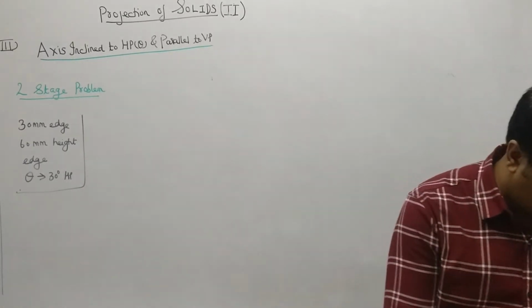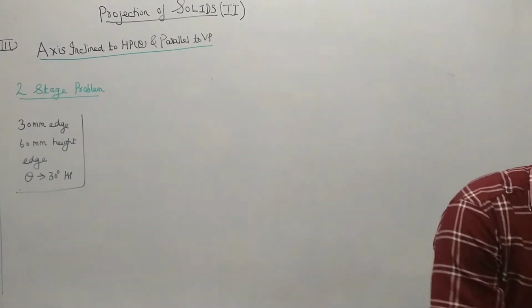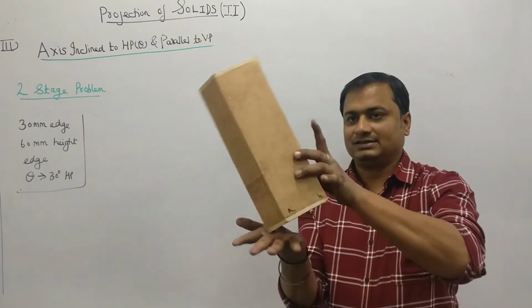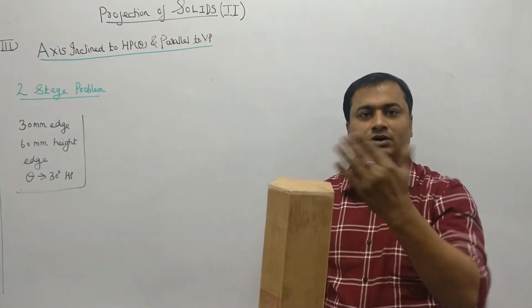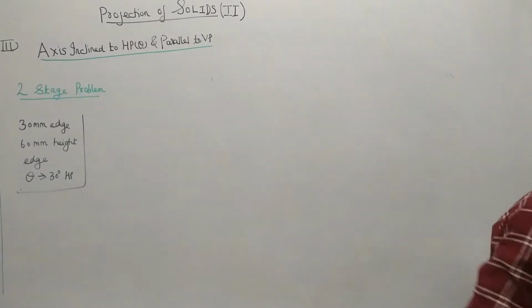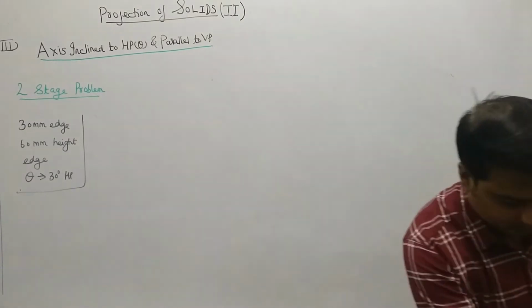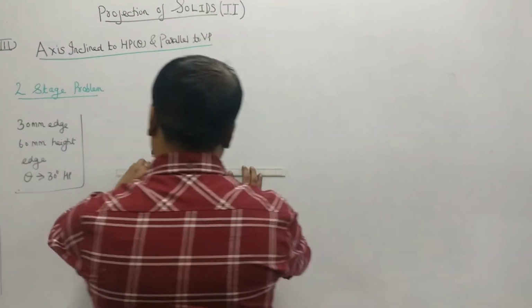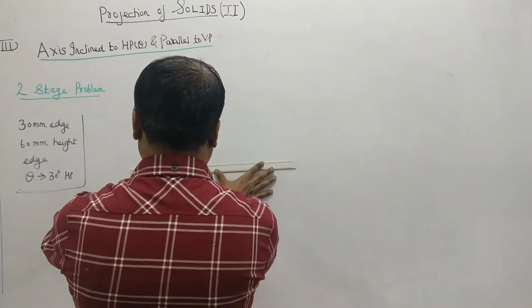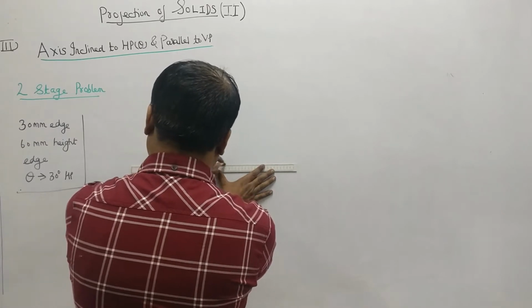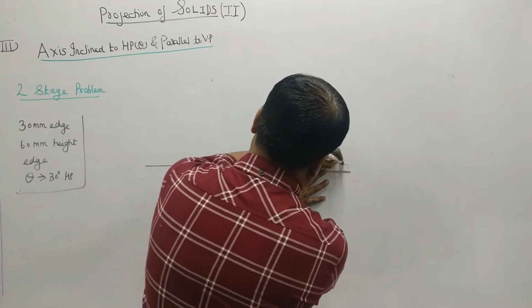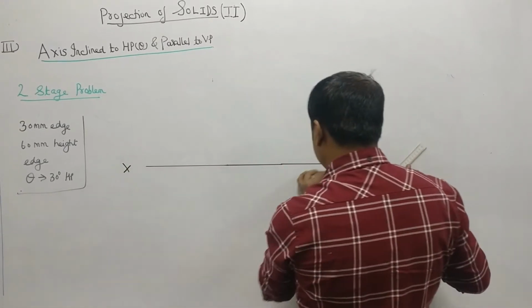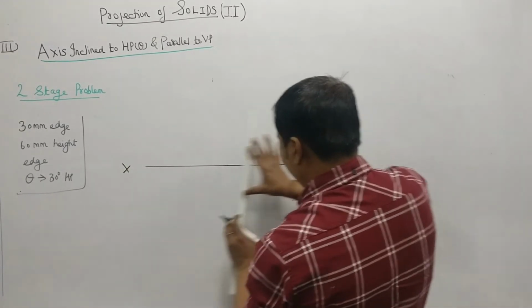So in the first stage, I will be assuming it is standing on HP. I will be drawing the top view first, then I will be plotting the front view. This is my x, this is my y. So the top view will be a pentagon.